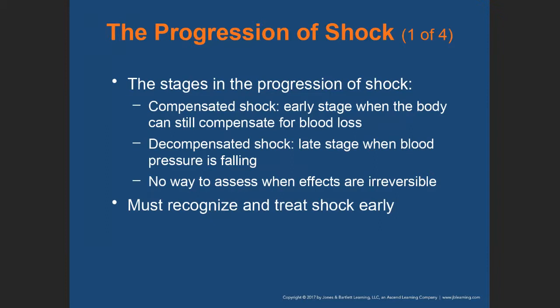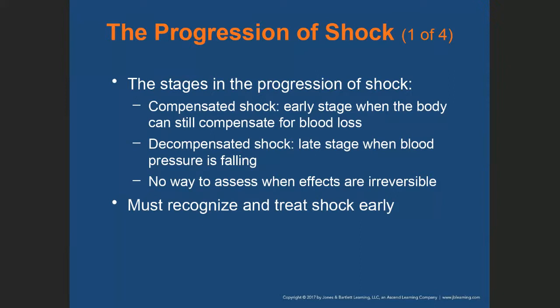All right, now the progression of shock. The stages in the progression of shock. So you have the compensated stage of shock, and this is the early stage when the body can still compensate for blood loss. So everything tends to go up in this stage, and usually the blood pressure is not low at this point.